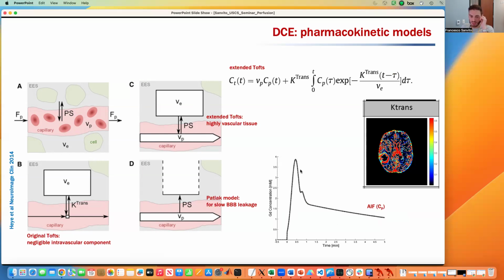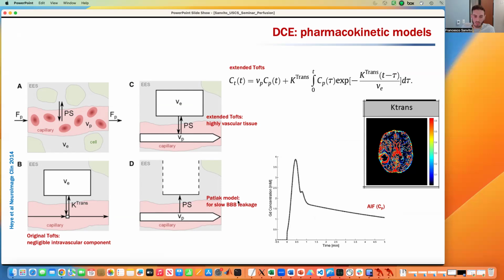And again, we need an arterial input function, which is a bit problematic. It's a bit of a headache to obtain. And most of all, the way you sample the intravascular curve obviously changes the way the model converges and changes your estimate of Ktrans.